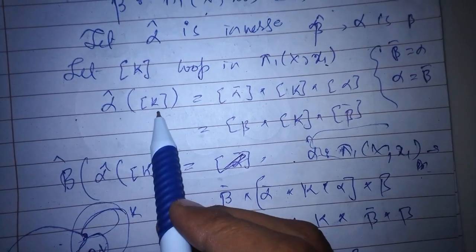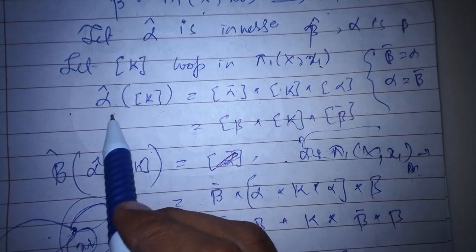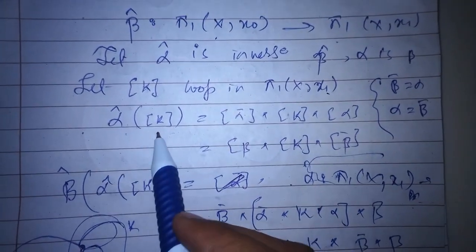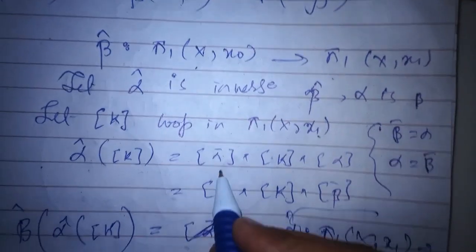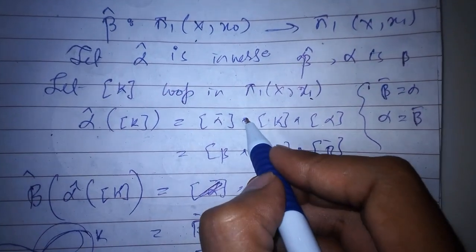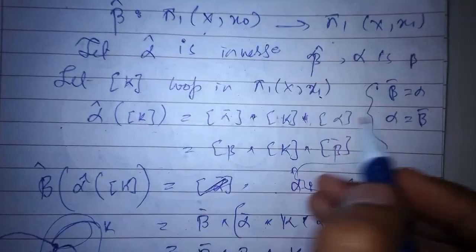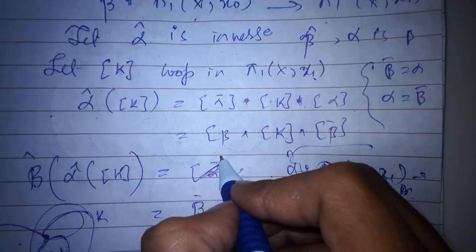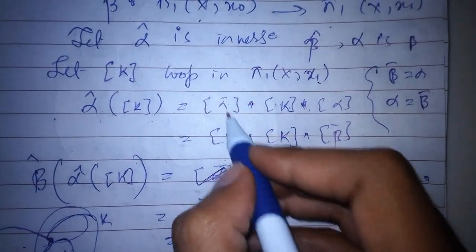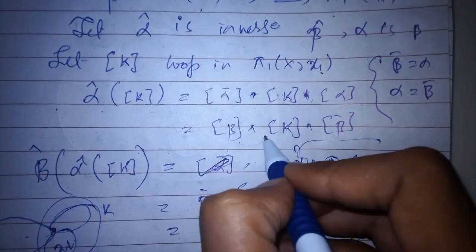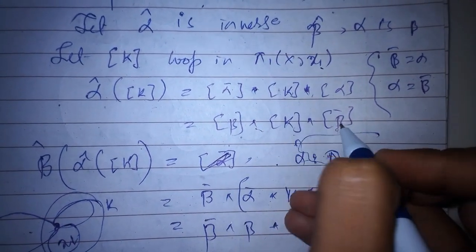So if we substitute the K loop in this map, we will get alpha bar concatenation k concatenation alpha. As we know that alpha bar is equal to beta, so we will change it to beta static k static beta bar.